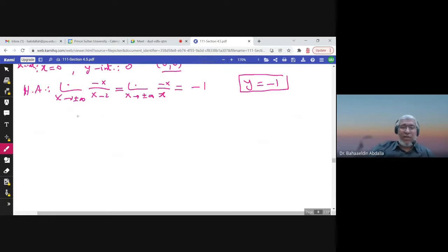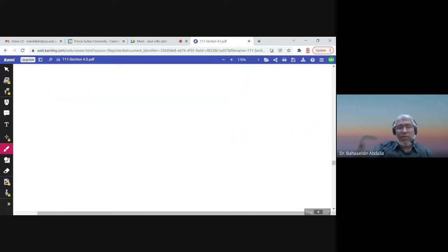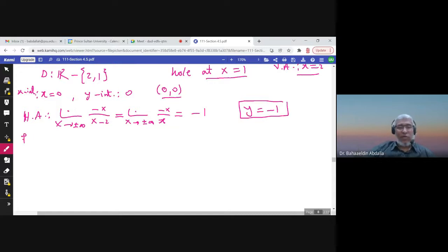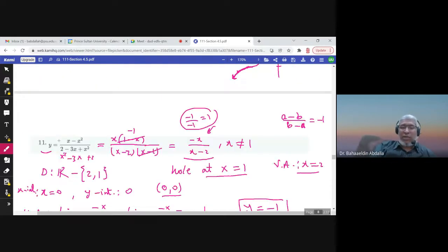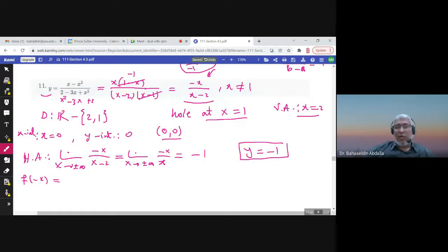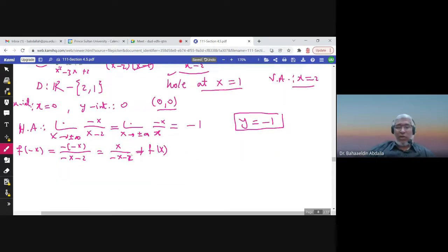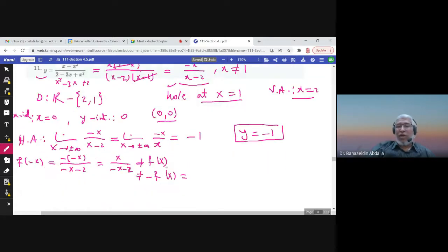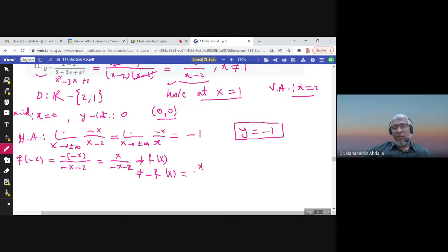And let us check symmetry. It's clear that the function is not symmetric, but if you find f of negative x, just for understanding, if I replace x by negative x, I'll have negative x over negative x minus 2, and this would be x over negative x minus 2. And this is not f of x, and it is not negative f of x, because for negative f of x, you multiply either the numerator by negative, or the denominator by negative.